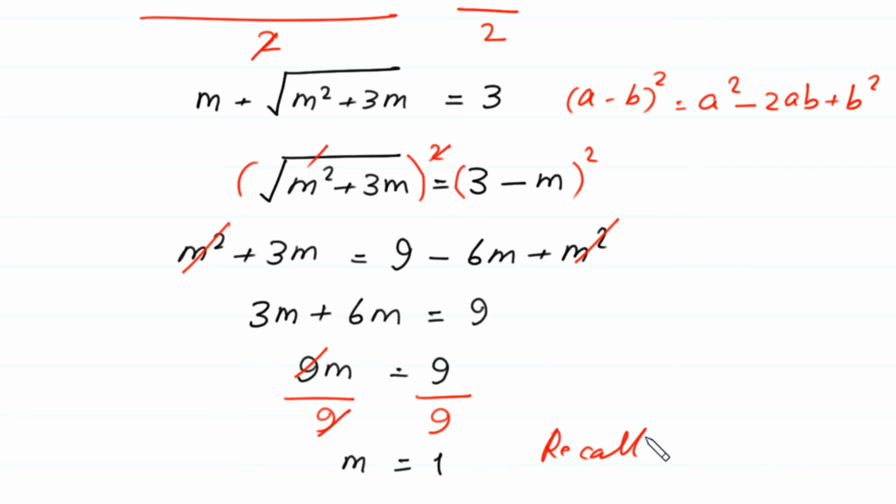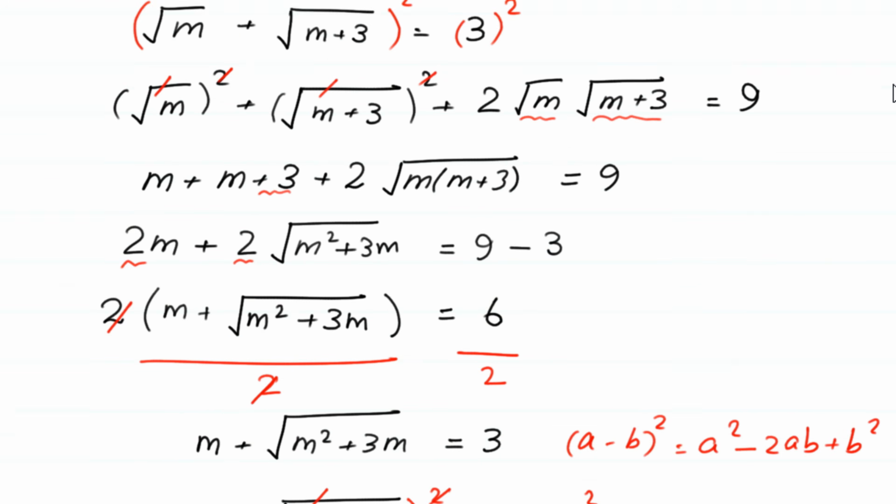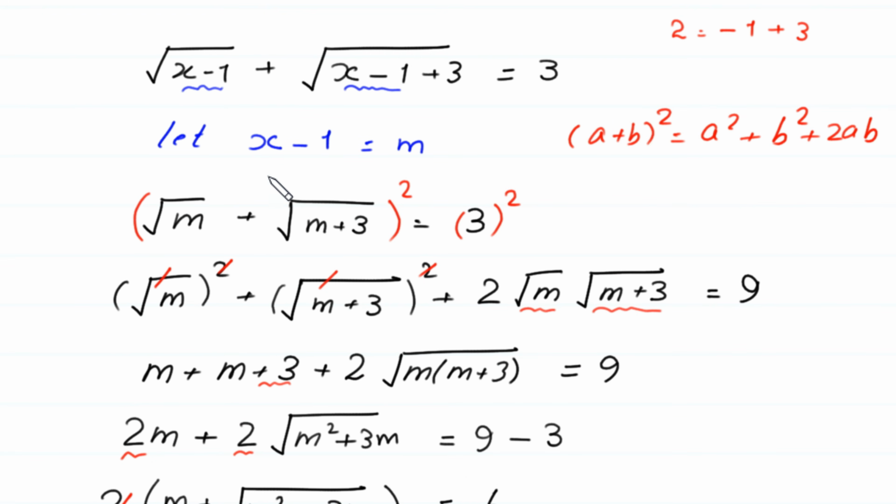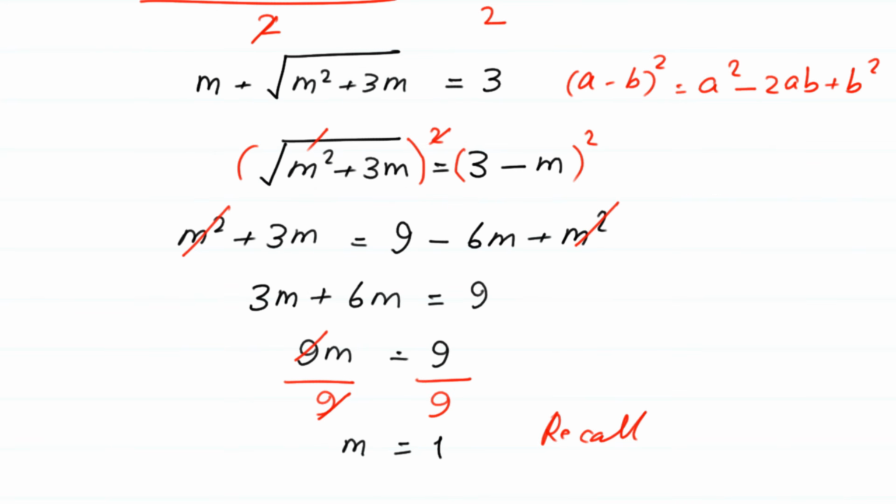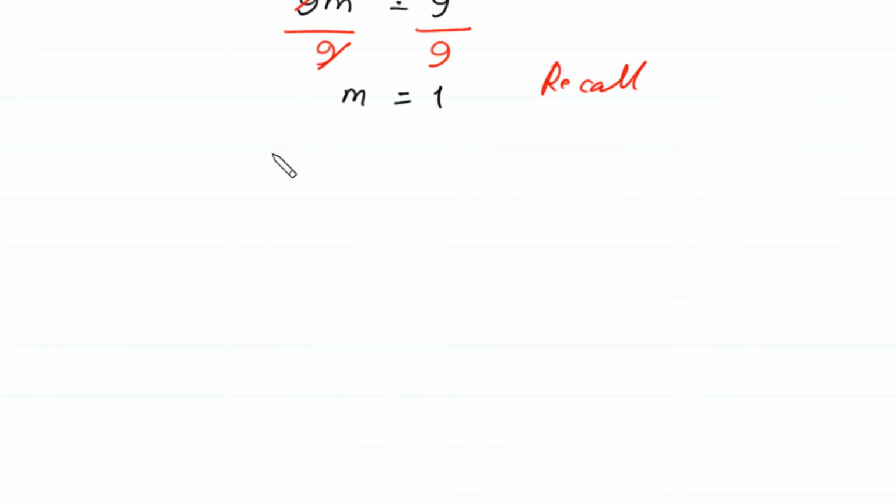Now recall that we have supposed that x minus 1 is equal to m. To find the value of x, we put the value of m 1 in this equation.